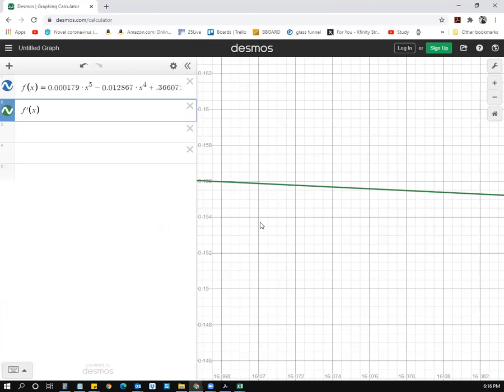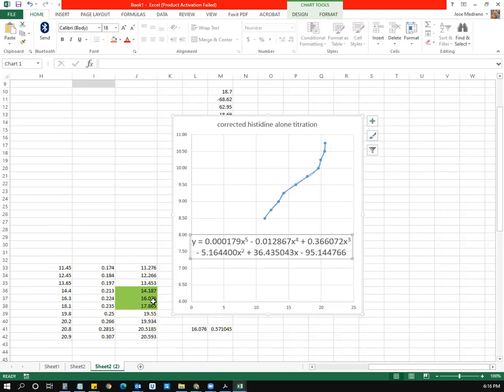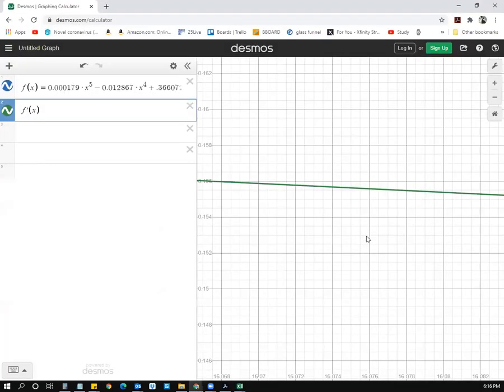The titrant value that I was at was 16.076 millimoles of the acidic titrant. The first derivative value at that titrant, the slope, is going to be 0.15558. That is the slope for this.